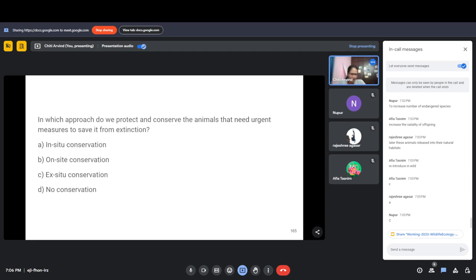Okay, so two of you say it is ex situ conservation, one of you says it is in situ conservation. So it is indeed ex situ conservation, which is the correct answer. And urgent conservation measures cannot be implemented in an in situ framework because of the factors that we just described earlier.